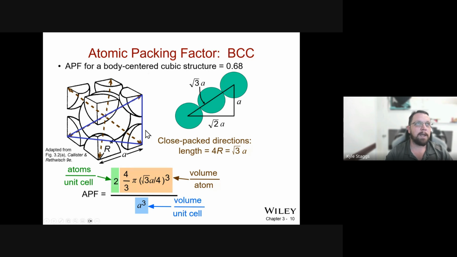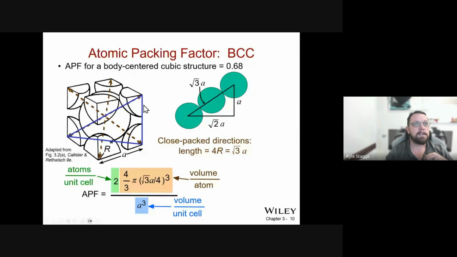You have 8/8 of an atom in this unit cell, and we get A squared plus A squared equals 2A squared, the square root of that being the square root of 2A. So that's the length of the base of our triangle here.